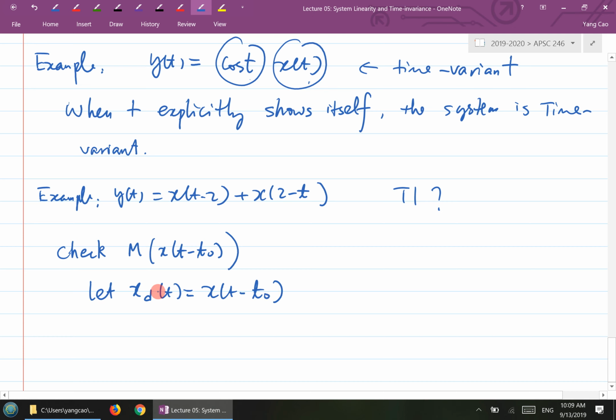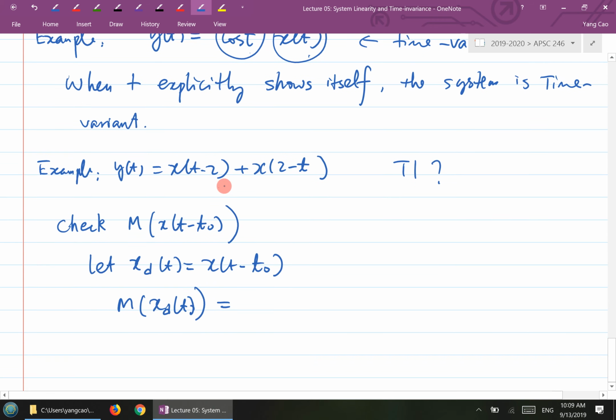Then when your input is xd of t, according to the given system, your output of the system will be, essentially, you're going to replace the x with xd here.